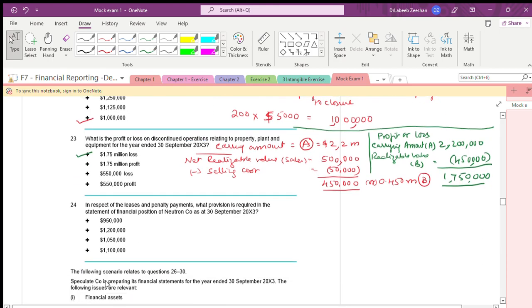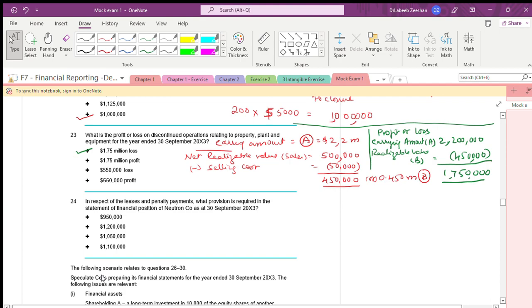In respect of lease. See now how many things they have added to the scenario: carrying amount, impairment, cash generating units, everything they have put.